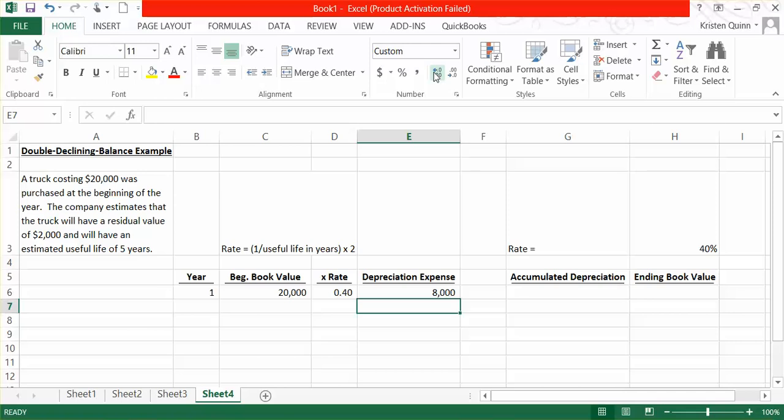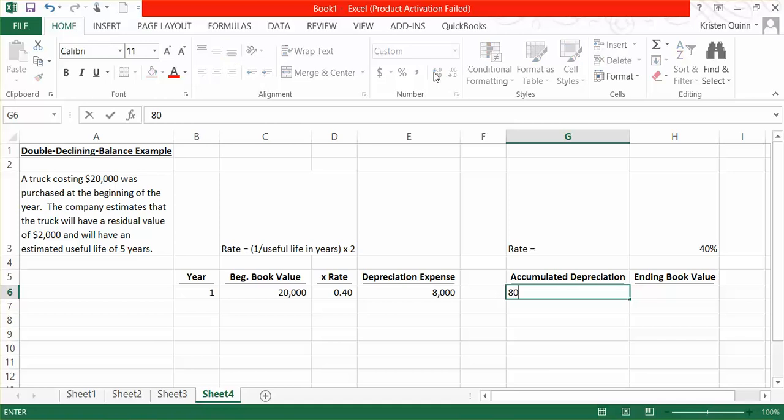In this case, $8,000. Remember, our journal entry to record depreciation is a debit to depreciation expense and a credit to accumulated depreciation. Since this is our first year depreciating the asset, that means there'd only be $8,000 in accumulated depreciation.